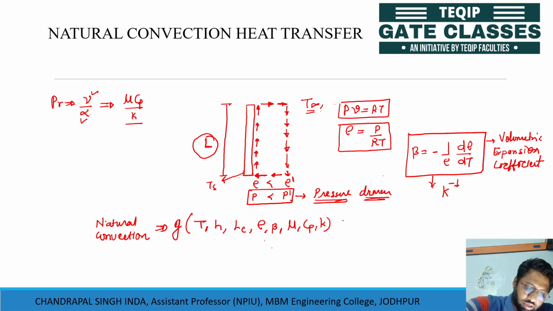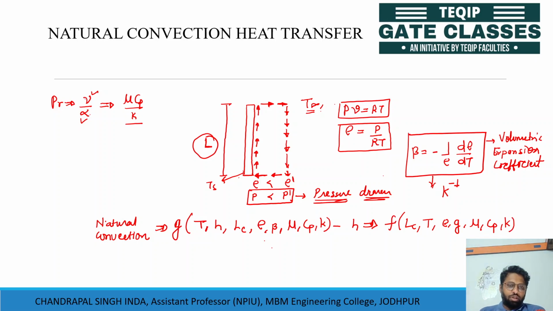But in this relationship, for the natural convection system, the natural convective heat transfer coefficient H is a function of characteristic length, temperature, rho, g, mu, Cp and K. We have also seen that the current of the fluid is just due to the change in density with respect to the temperature.